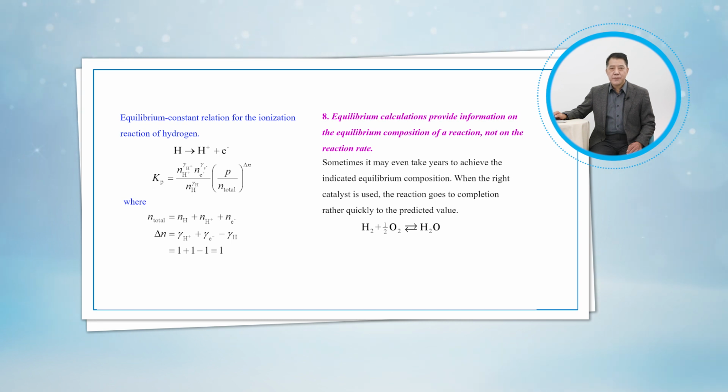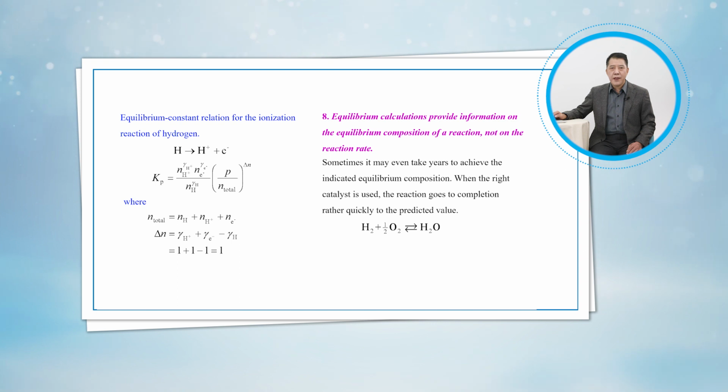For example, the equilibrium constant of the water formation reaction at 298 Kelvin is about 10 to the power 40 from table A20 in the appendix, which suggests that a stoichiometric mixture of hydrogen and oxygen at room temperature should react to form water, and the reaction should go to completion.